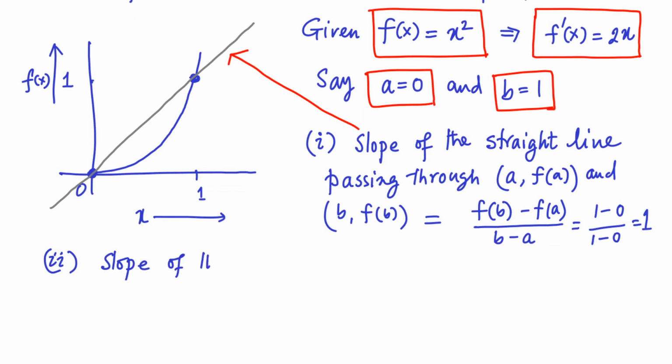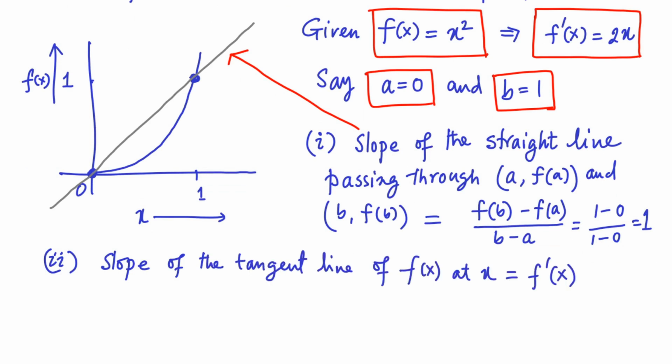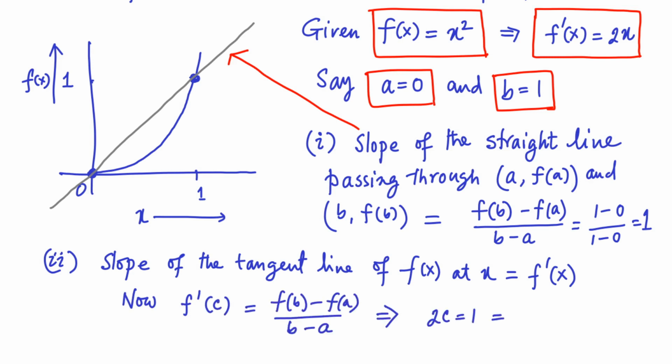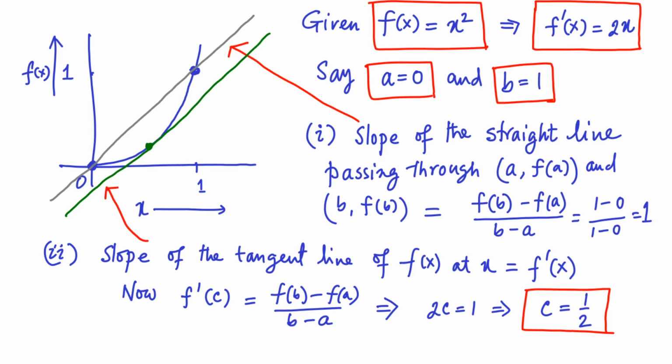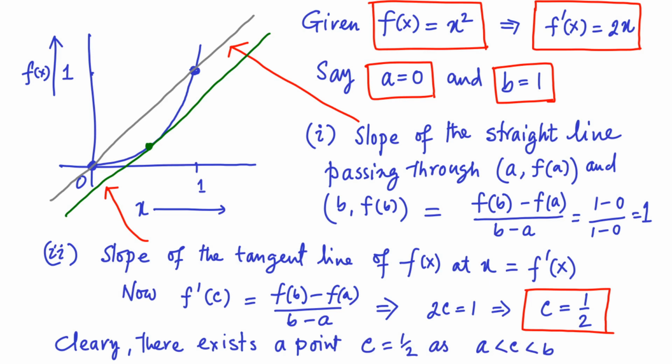Secondly, we can compute the slope of the tangent line, which is the derivative of f. Now we can see here that there indeed exists a point c equal to half, which lies in the interval 0 to 1.